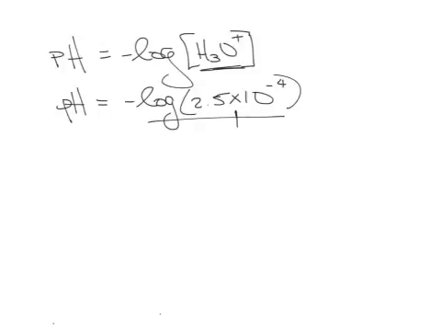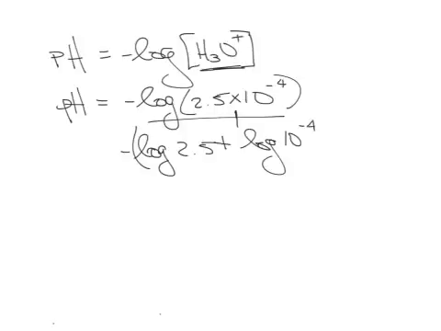Now notice we have a times sign. If you remember, when we have a times sign like that, we can do the log of 2.5 plus the log of 10 to the minus 4. Notice I put the log out there because this log is distributed on this one and this one.